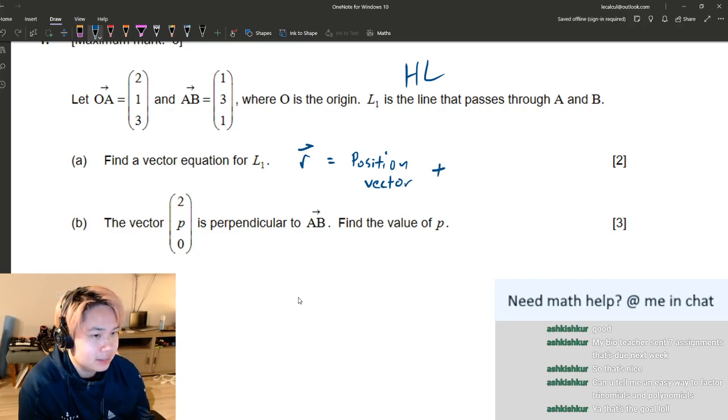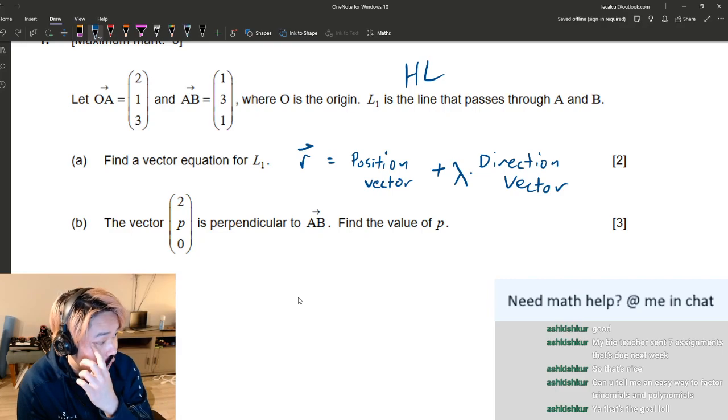And then you add some multiple of the direction vector. And depends on, you know, your style, but this multiple, you can call it lambda, or T or S or whatever.